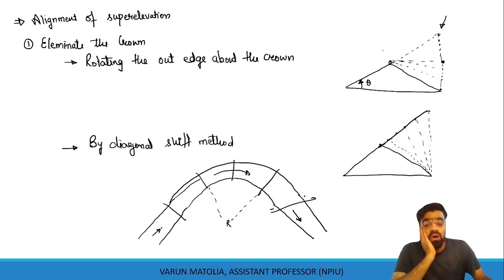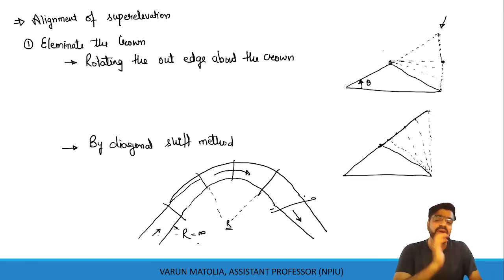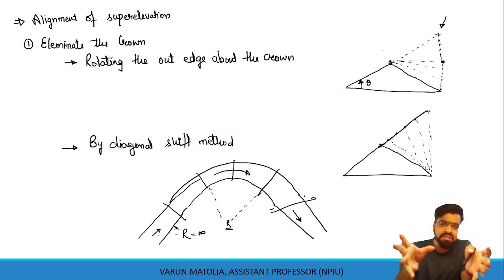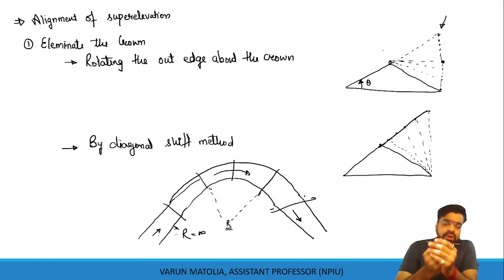So from a straight line, or infinite radius, to a curve with some radius r, we should provide a transition zone. Transition, in terms of super elevation, means change from camber to super elevation. There is a slope, which is camber.